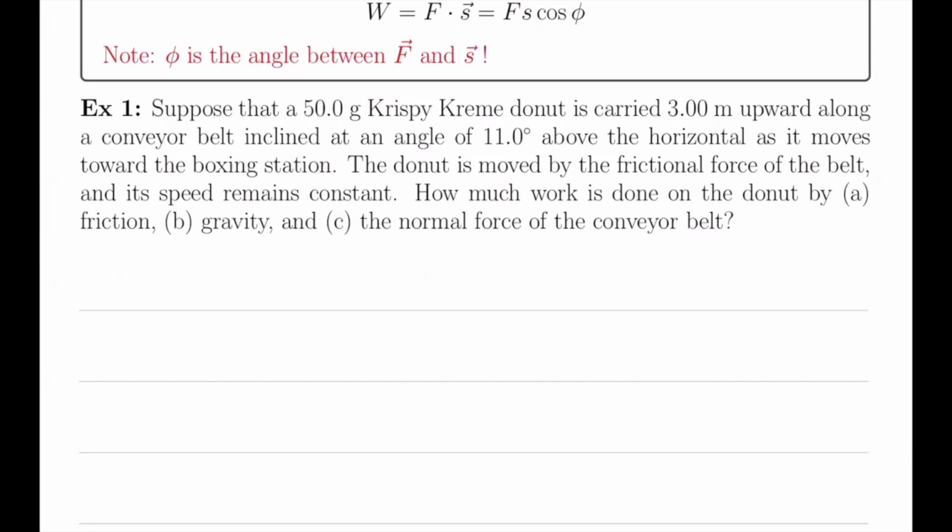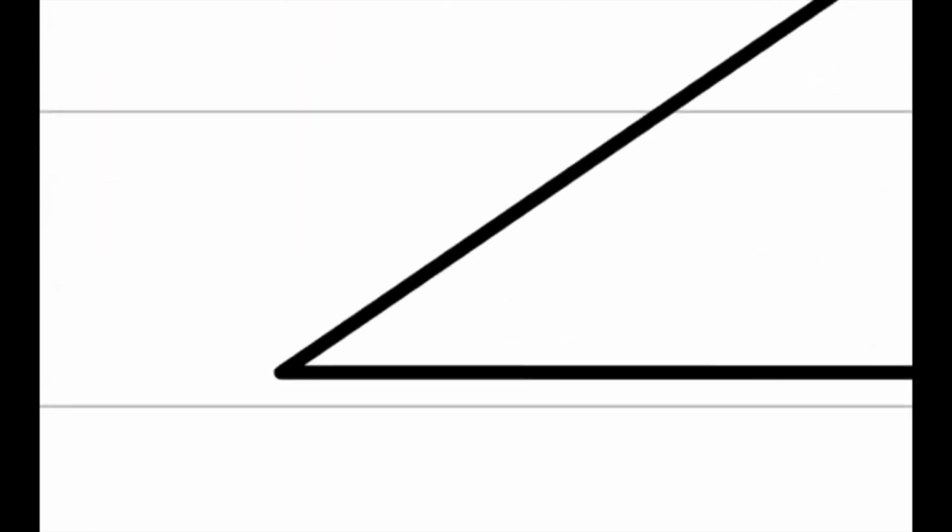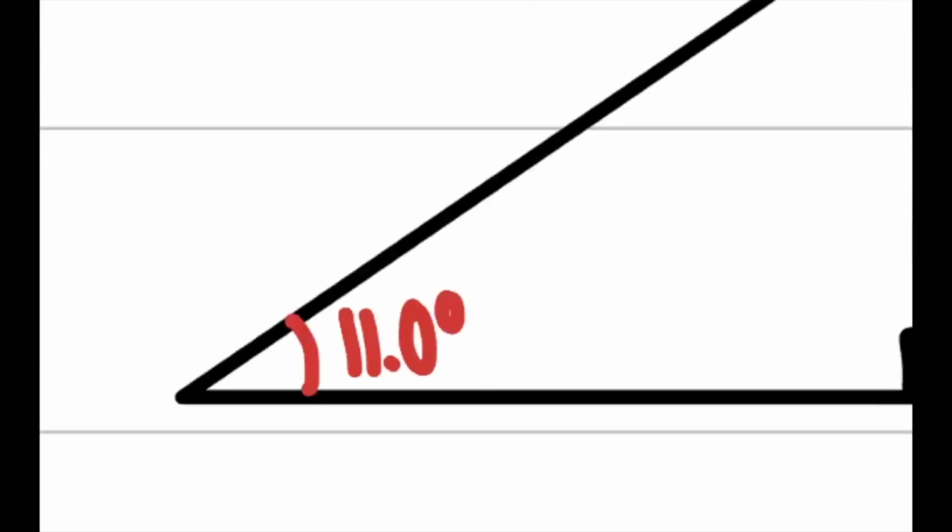Let's draw a diagram. I think a picture will really help us out here. We have a conveyor belt inclined at an angle above the horizontal, so I'm going to draw a right triangle. This is the angle, 11.0 degrees above the horizontal.